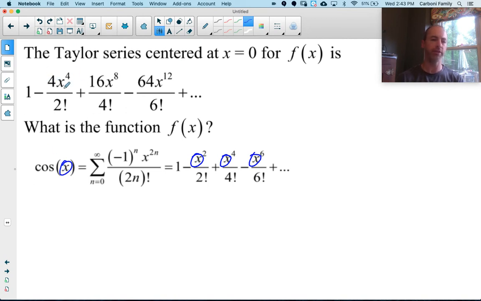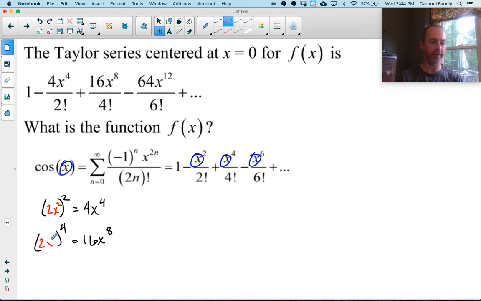So let's look at 4x to the 4th. That 4x to the 4th would have been the result of squaring something. This 16x to the 8th is over 4 factorial. That comes from raising something to the 4th power. And it's not too terribly difficult to figure this out. 2 squared would give me a 4, and x squared squared would give me x to the 4th.